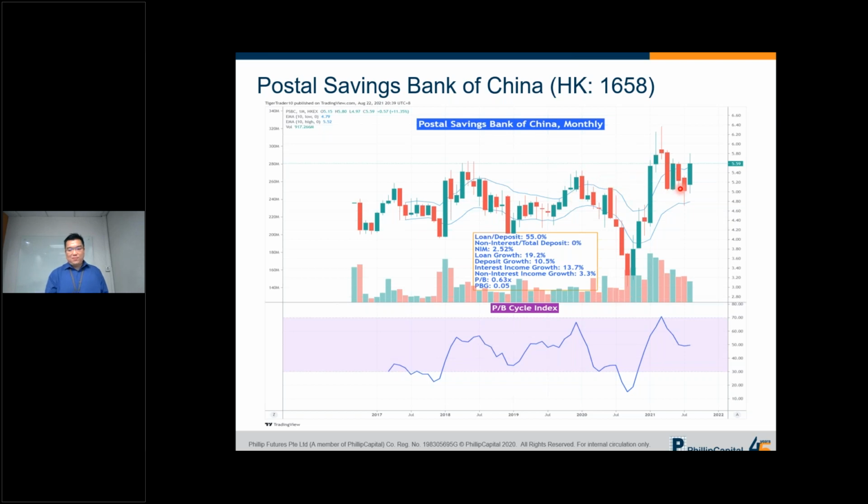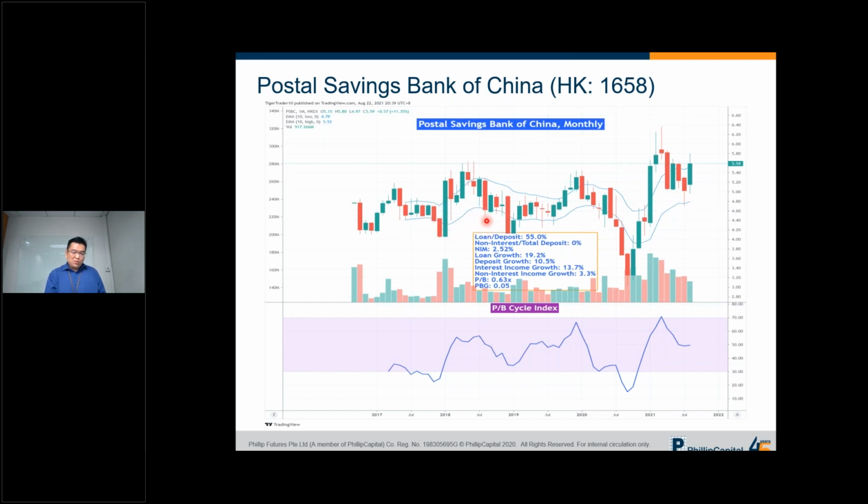For the Hong Kong side, my preference is this bank here. It's not the usual big banks that we are familiar with. In fact, this one is quite newly listed, since 2017. It's PSBC, ticker 1658. The reason I like this bank is because it has huge growth, and it doesn't have the legacy loan problem that the other big banks have, because all the other big banks have gone through the cycle whereby there was a huge credit expansion in China.